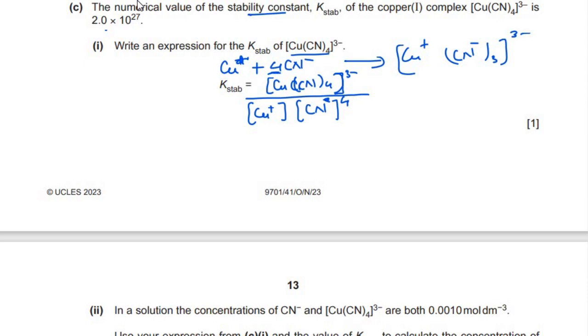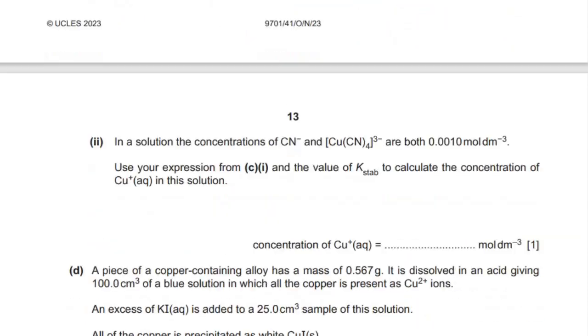So this is how we write the stability constant expression. Now as we have seen, this 3 minus is just the charge, not the power. So I'll put one more bracket to show that 3 minus is the charge and not the power.